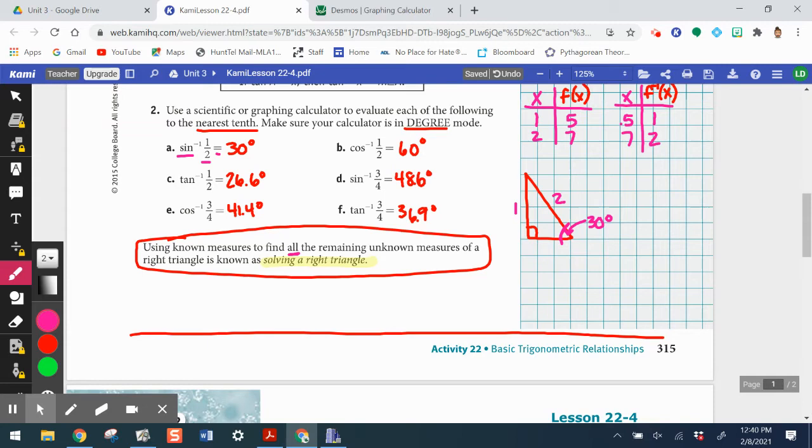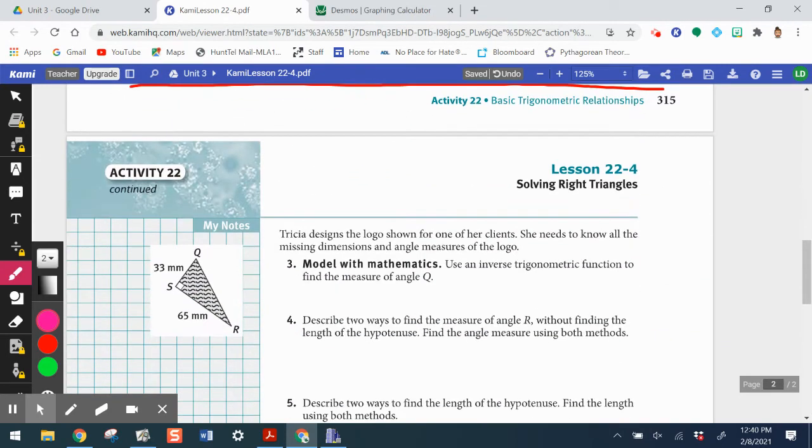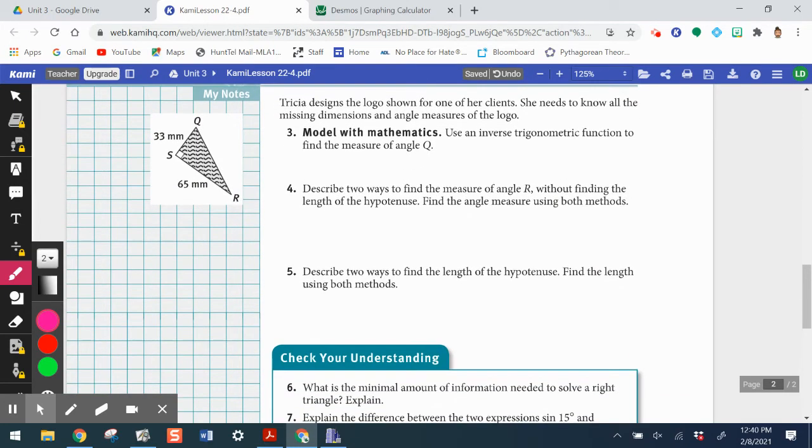So let's explore our second learning target. Tricia designs the logo shown for one of her clients. She needs to know all the missing dimensions and angle measures of the logo. So anytime we find all unknown measures of a right triangle, it's known as solving the right triangle.